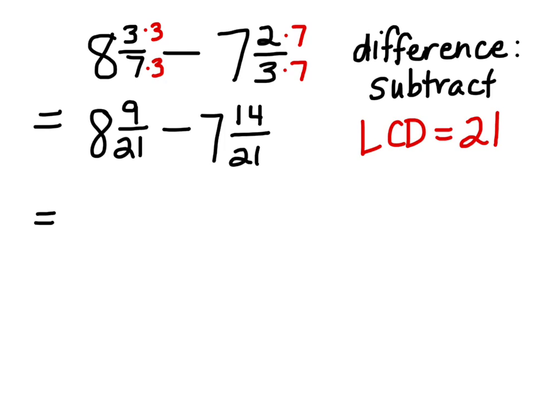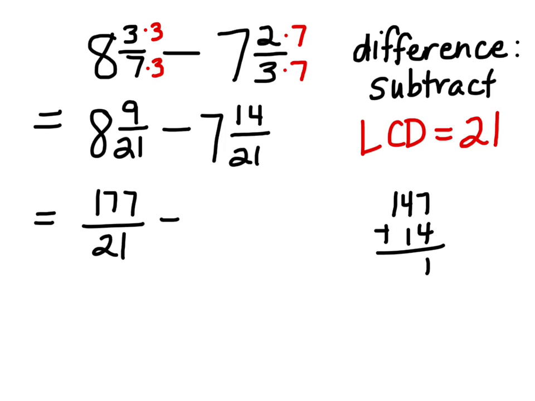8 times 21 is 168, plus 9 would be 177/21. And then 7 times 21 is 147 plus 14. Even Mrs. Robson needs the visual sometimes.